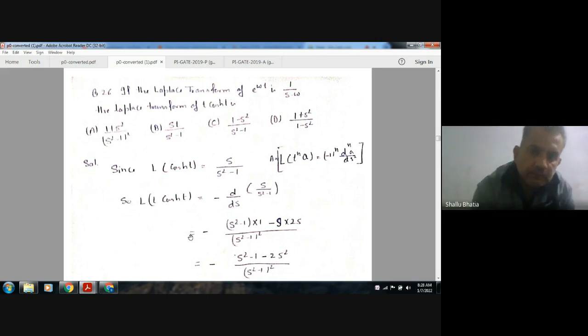We know that the Laplace transform of cos hyperbolic t is s divided by s square minus 1. The general formula for the Laplace transform of t^n A, where A can be anything, is minus 1 raised to the power n, into d^n A divided by ds^n.